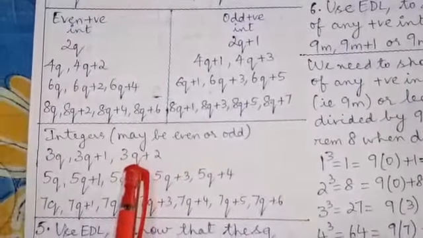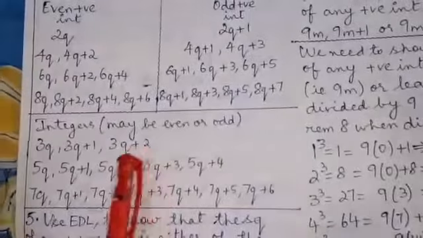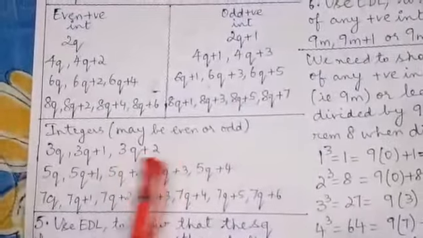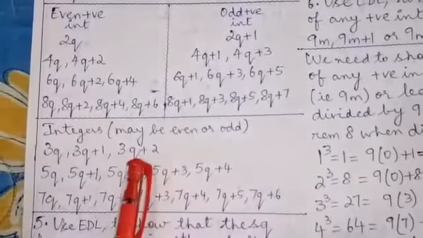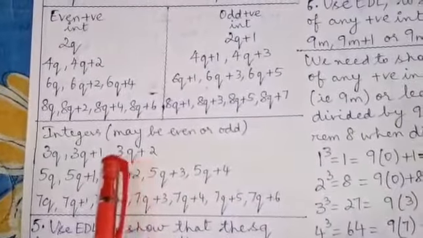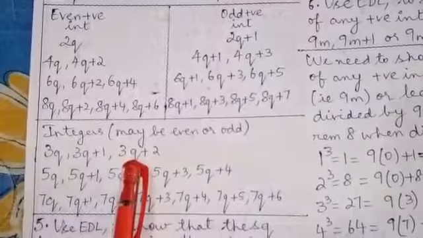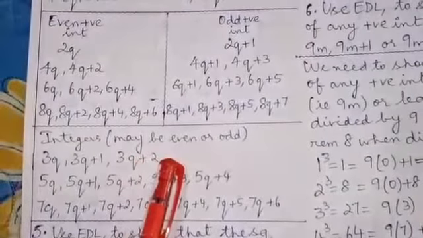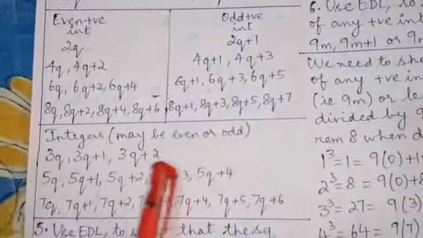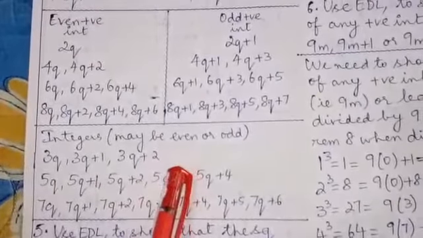When q was 0, we got 2 and 2 is even. Now when q is 1, 3 into 1, 3, plus 2, 5, and 5 is odd. So then 3q plus 2 represents an odd positive integer.